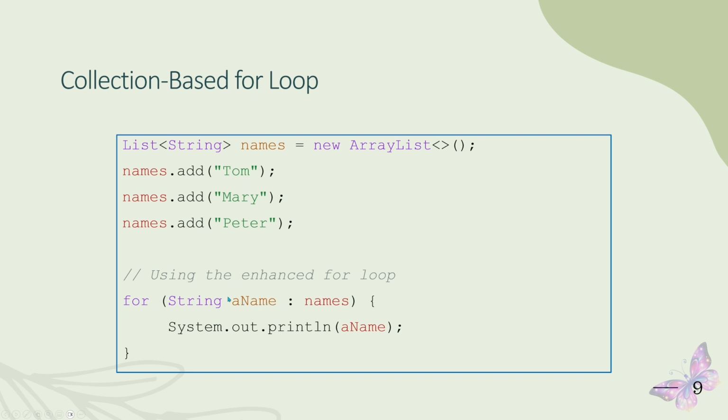You need to give a string based variable name, then a colon, then the names, which is the list variable. After that, if you print this string variable, it will print Tom, Mary and Peter. So this is how the collection based loop works.